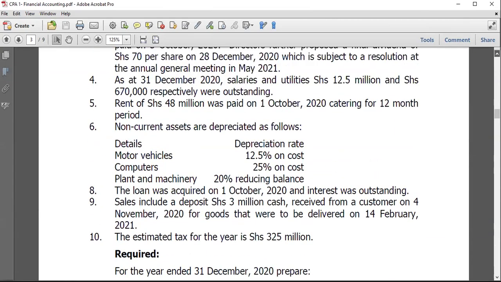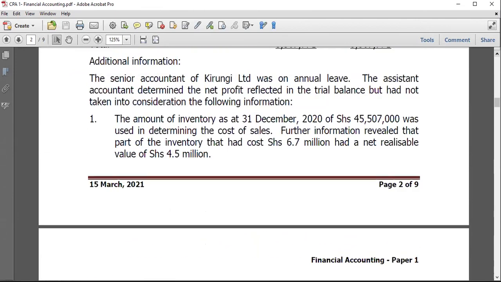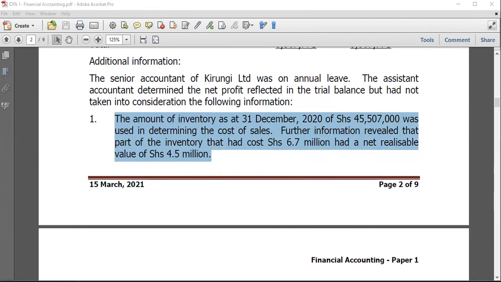Now, each of these items, which happened after or were not reflected when we were calculating the net profit, means that we have to adjust our net profit, okay? So I'll borrow the use of Excel to calculate our adjusted net profit.